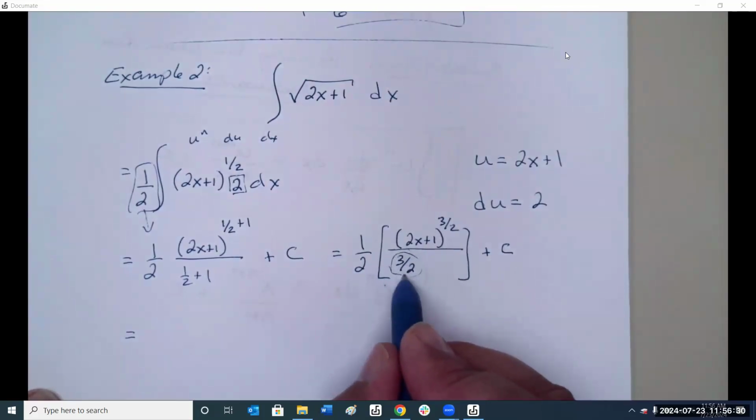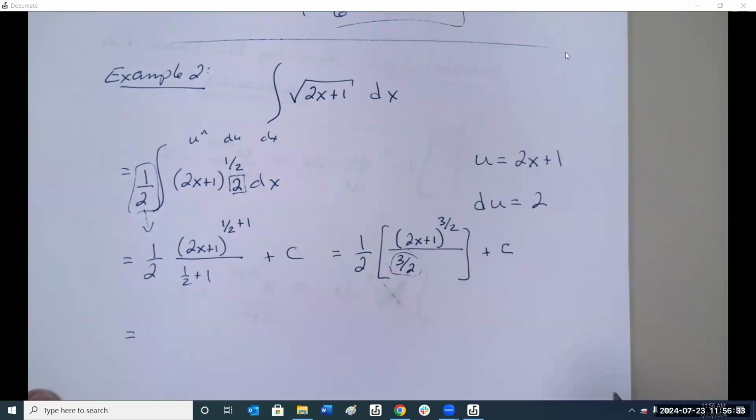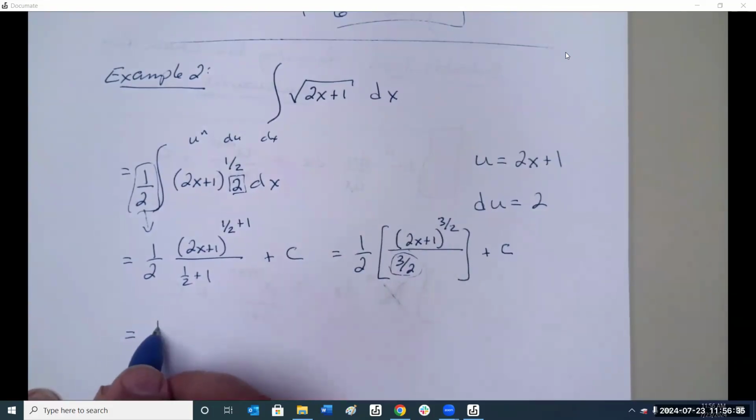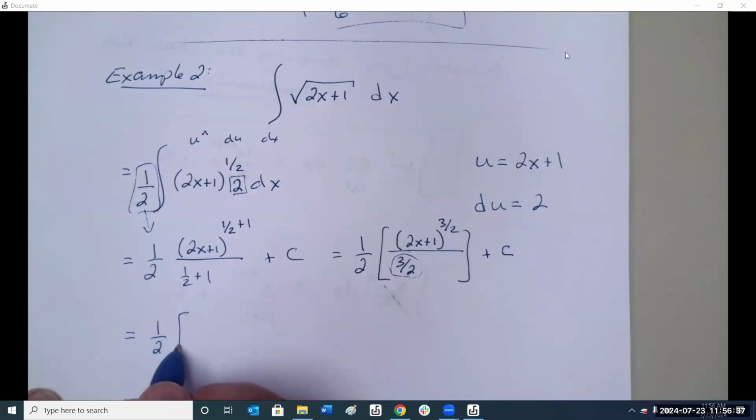What do you do with this denominator? So we have 1/2 out in front.